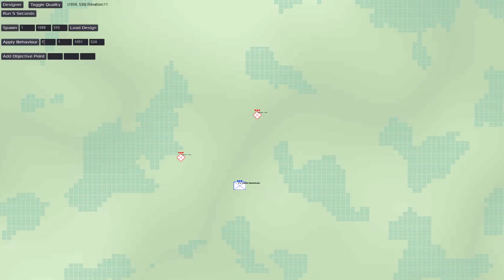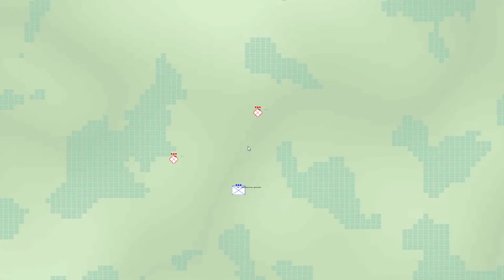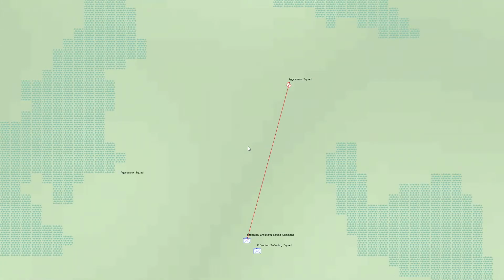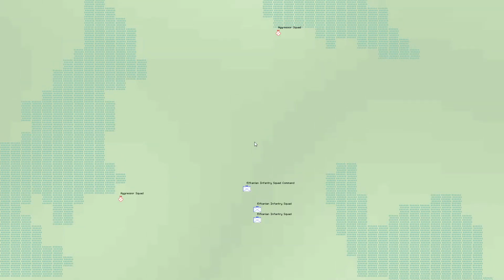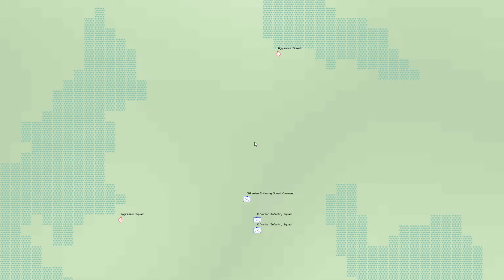I guess squad 1 start moving. No 3, 539. Get cool stuff. So you start seeing them. So I made that squad move. I forgot which index they were in.